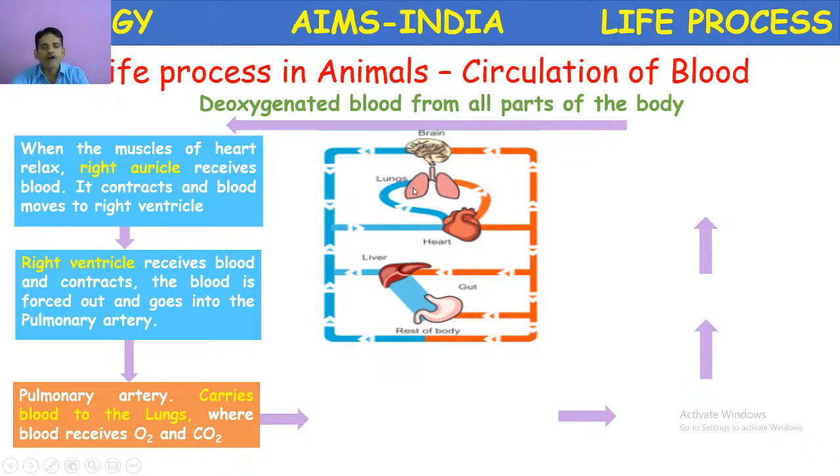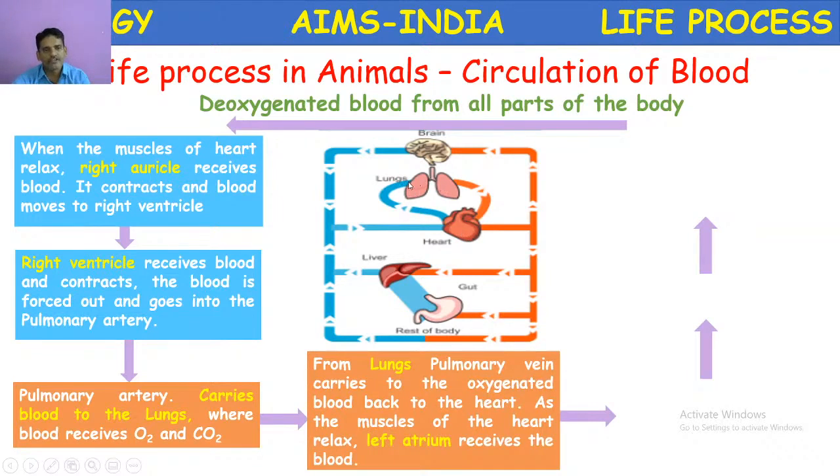In the lungs, the oxygenation of blood takes place. The pulmonary artery, from the right ventricle, carries deoxygenated blood. After the oxygenation in the lungs, the pulmonary vein carries the oxygenated blood from the lungs to the left auricle.